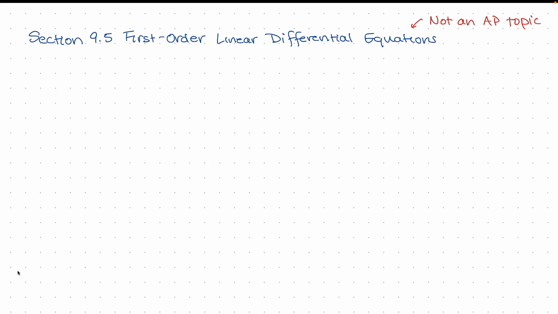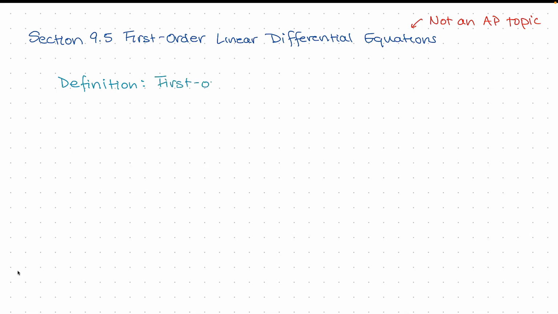All right, so first thing we're going to do is, what the heck is a first order linear differential equation? Well, I'm glad you asked. Let's look at a definition.